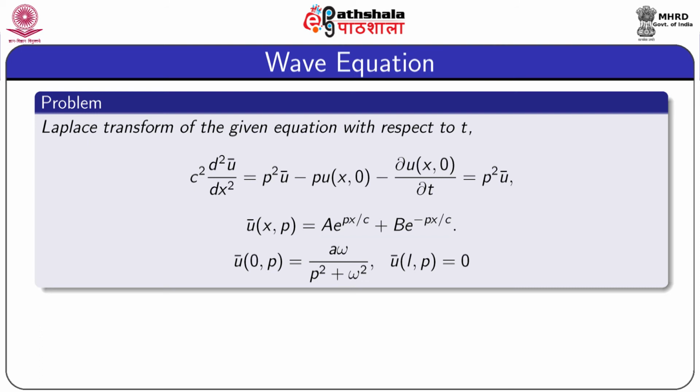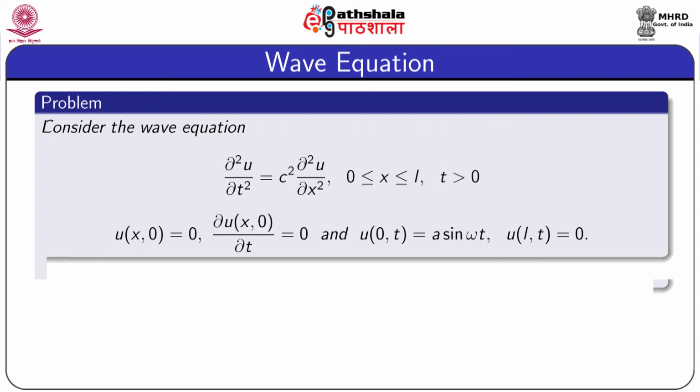Now, we need to find the values of A and B. To find them, we need to apply the boundary conditions. If we look back at the boundary conditions, it is given that u at x equals 0 is A sin omega t and u at x equals L equals 0.